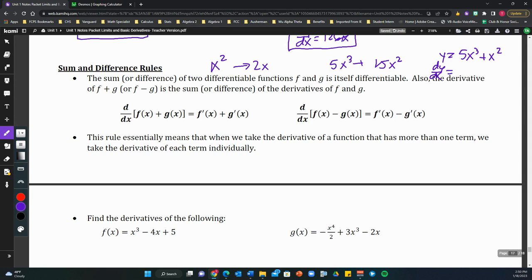So how this guy changes doesn't impact how this guy changes. We just want to make sure that they're each making their contribution to the derivative. So their result is just the two individual derivatives added or subtracted together.